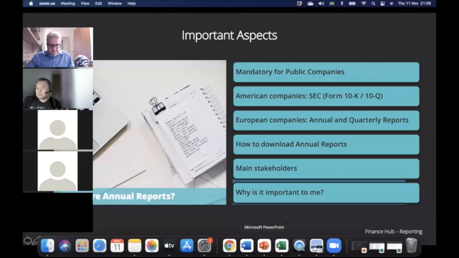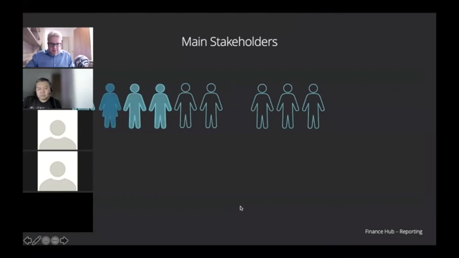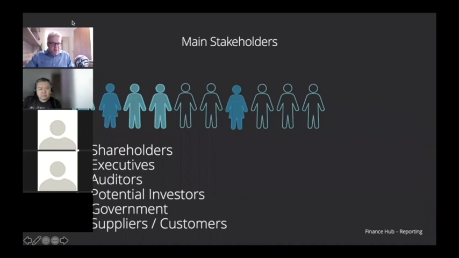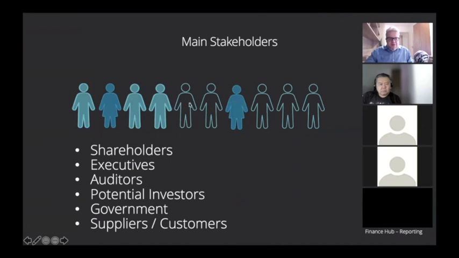Let me share my screen again. All right. So here, the main stakeholders you mentioned, basically all of them: the shareholders, the executives of the company, right?